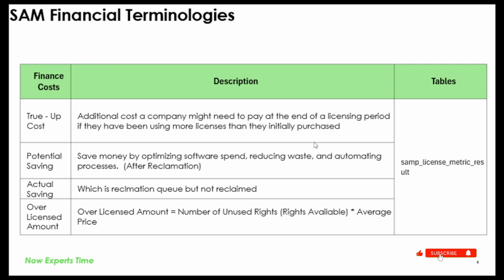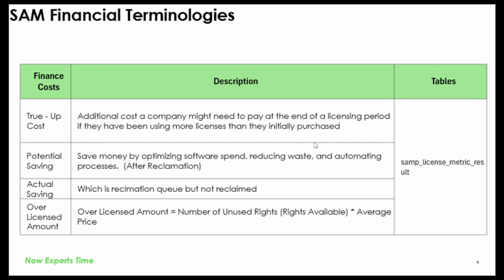This is the formula used in ServiceNow to derive the over licensed amount. I hope you got a little clarity about these four costs. When we see that information in the instance, you will get further clarity.